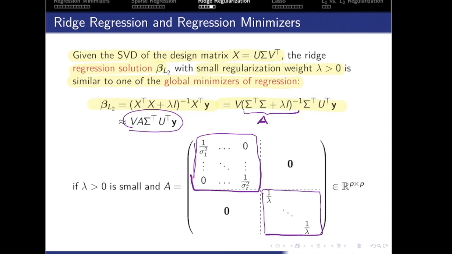And this is our definition of A, and actually this part, sigma transpose sigma, is equal to A, only that we have in the denominator a plus lambda. So if lambda is small, then this term is approximating the singular value, and then our regression solution is also approximately equal to ridge regression.